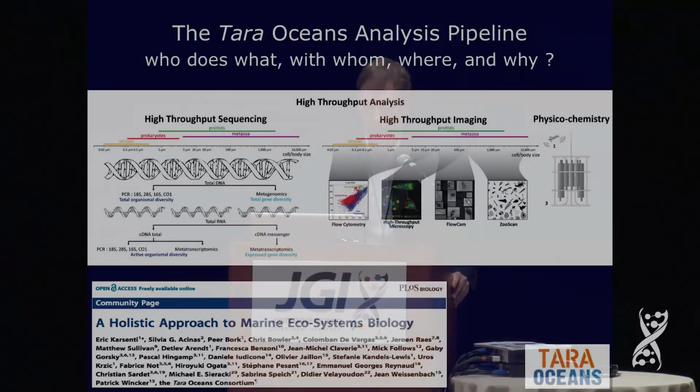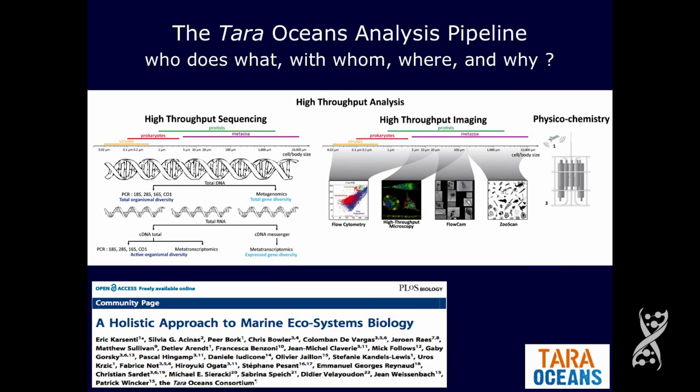And then in parallel, we do a lot of high-throughput imaging, including some off-the-shelf flow cytometers and basic imaging equipment that are quite routine in oceanography, together with high-content confocal imaging to get really nice information about the morphology of these organisms. And then in a third approach, we bring in all this physicochemical data.